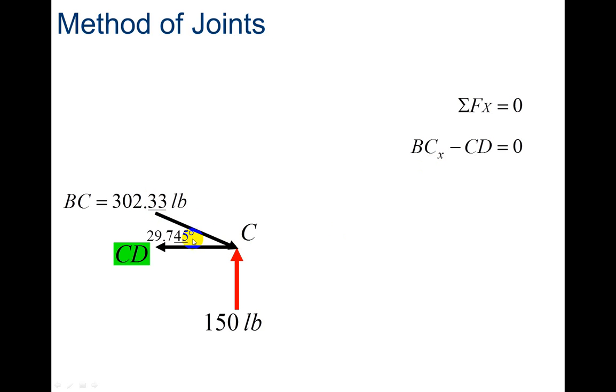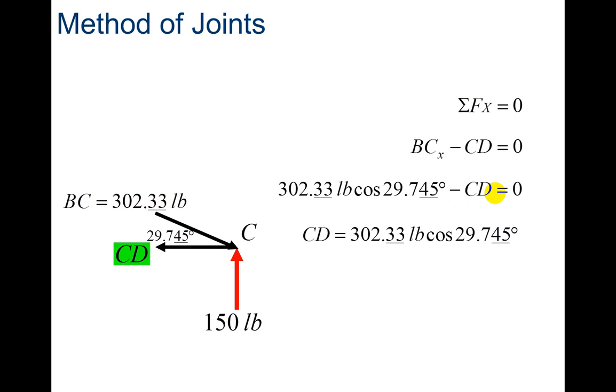I've got that value. It's going to be in the X direction, so I know that it is cosine. So I'll say the force, which is 302.33 pounds, notice it's positive because it's going towards the right, times cosine of 29.745 minus CD. I do not know CD yet. I'm solving for it. Punch it in. Notice it is positive again, so it's under tension, and I do not need to change my arrow.